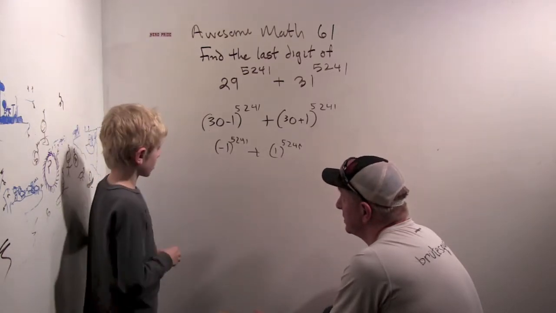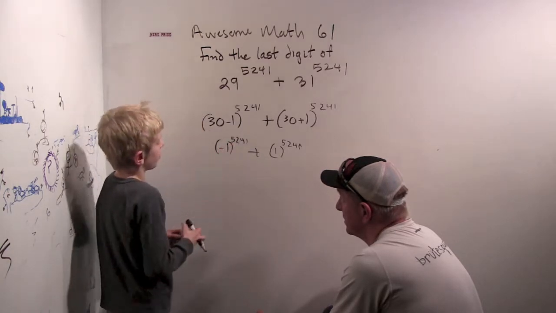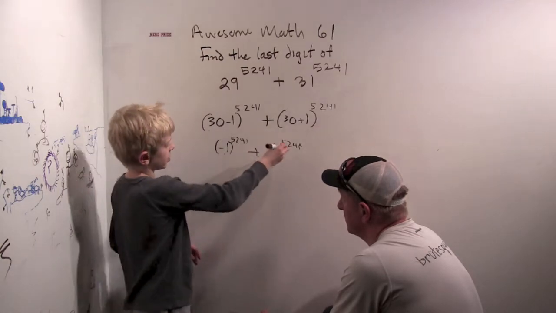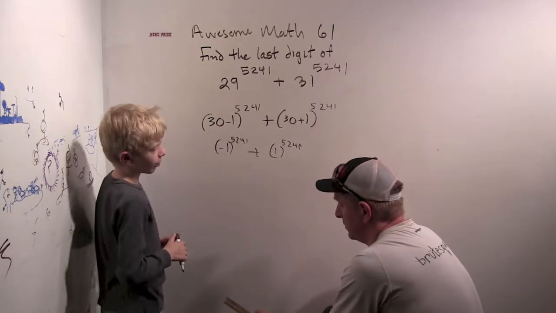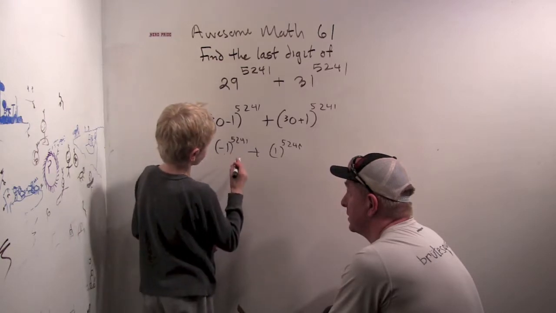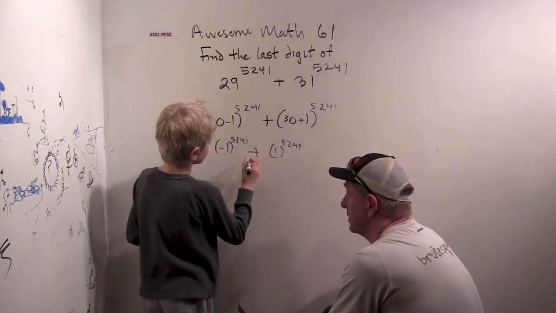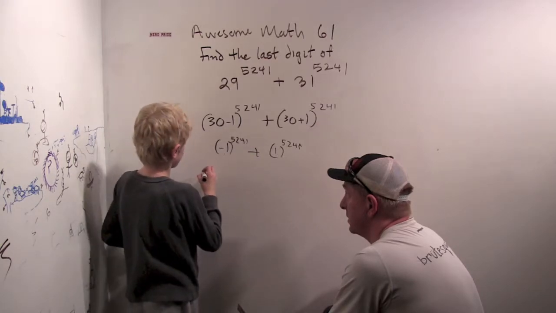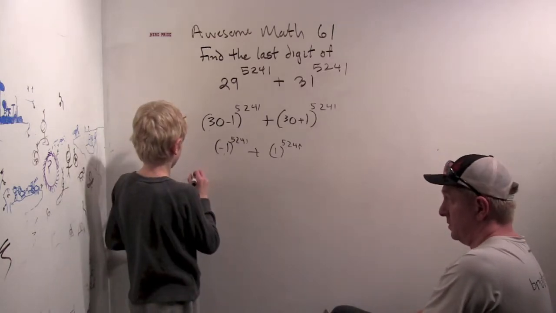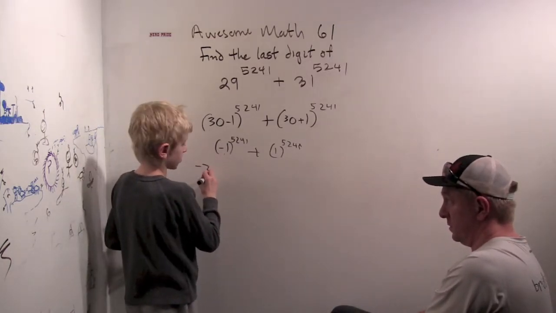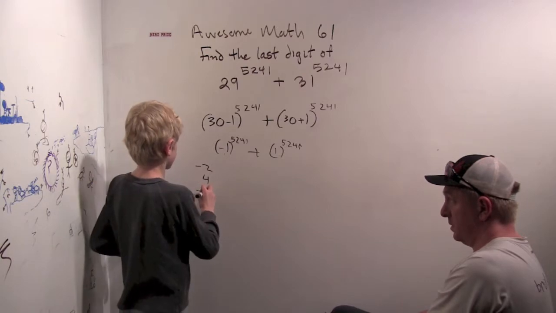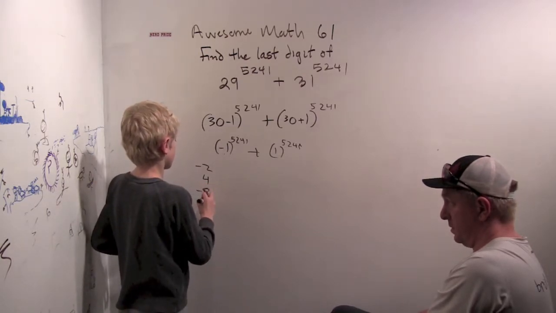So now, we have the minus 1 to the 5,241 plus 1 to the 5,241. Okay. And now we have the same powers here. And then, if I just do an example with the negative powers of 2, this is minus 2 and 4, because the negative turns to the negative and the positive. Minus 8 and 16.